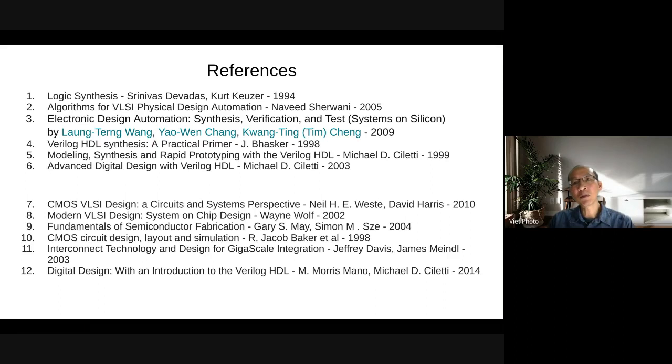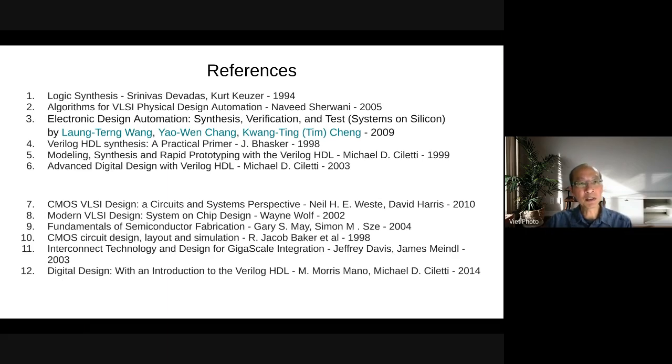From that, we design our system and go down to the RTL and so on. The very first step in that flow is logic synthesis, which is this part. The second step is physical design, right?